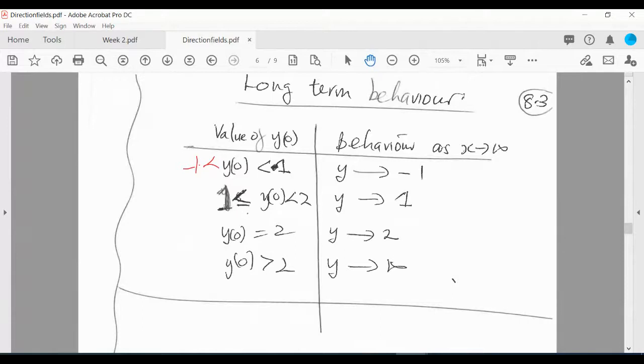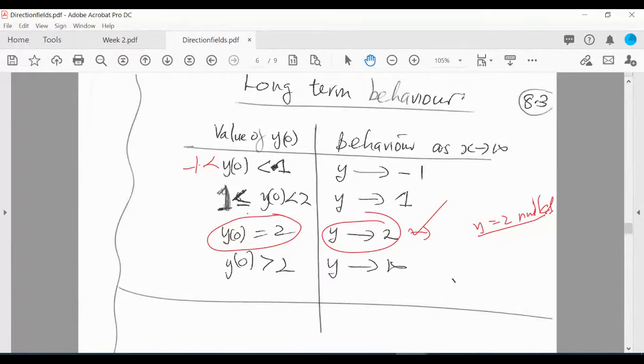Then you see what is happening here? y of 0 is equal to 2 already because we are at the nucline. Remember, y equals 2 is a nucline. And I said all solutions that hit the nucline will not leave it. So if you start on the nucline, you remain there for life.